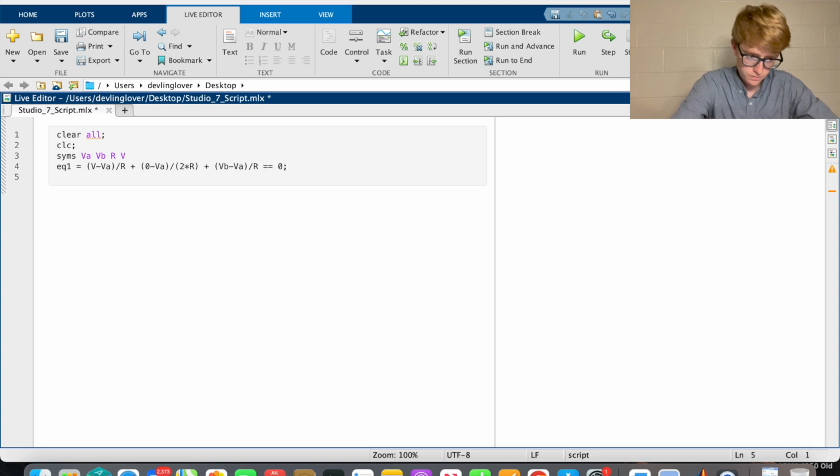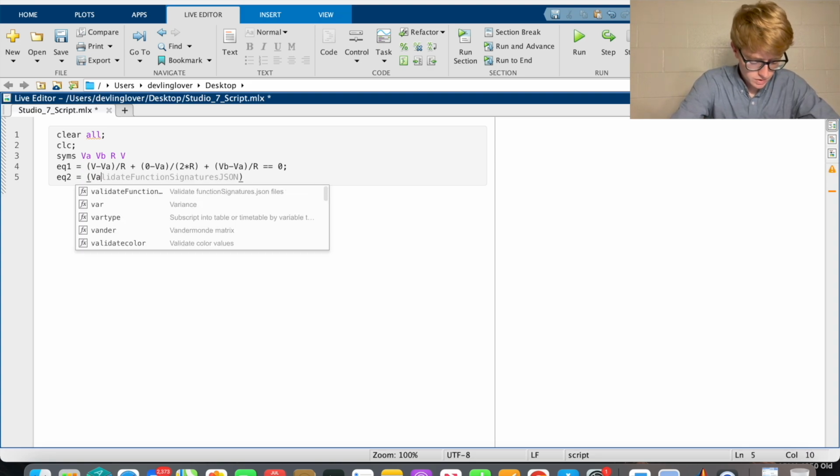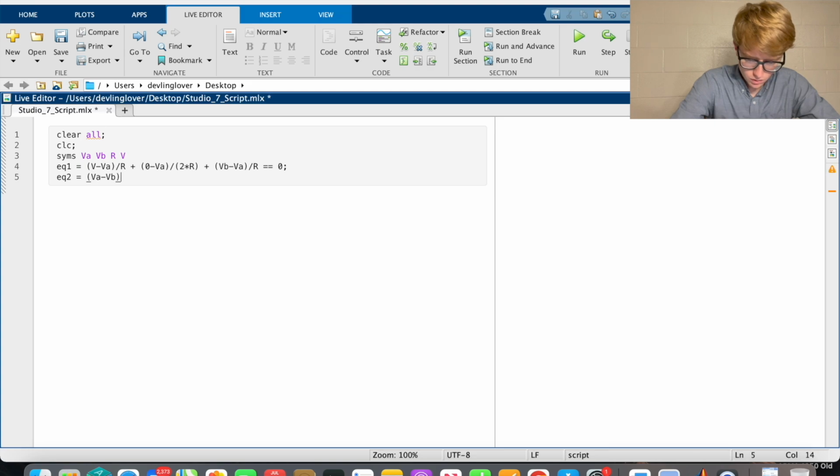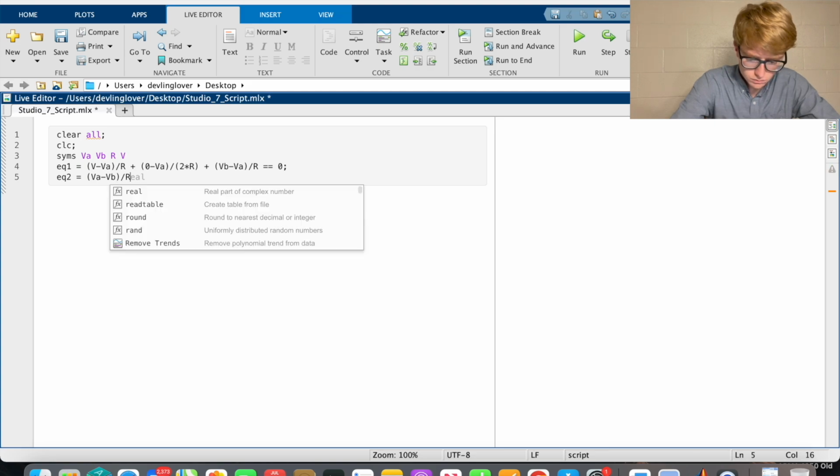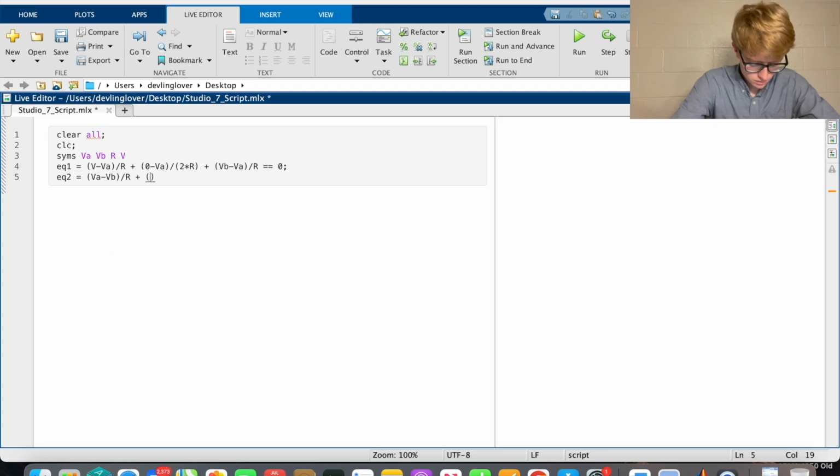Double equals 0. And then we have our second equation. So we'll have VA minus VB over R plus 0 minus VB over 2 times R.